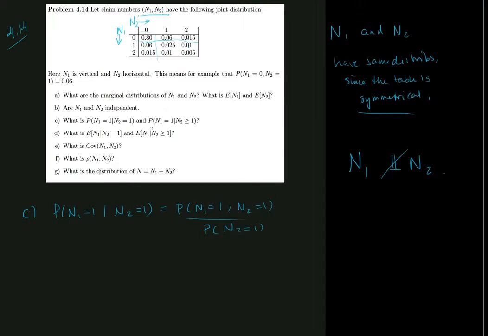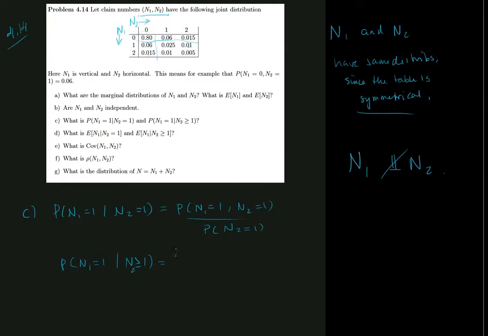And also, when we find the probability that N1 is equal to 1, given N2 is greater than or equal to 1, we need to find their joint probability, which is the probability that N1 is equal to 1 and N2 is equal to 1 or N2 is equal to 2, right? Because N2 could be greater than or equal to 1, so that's either 1 or 2.